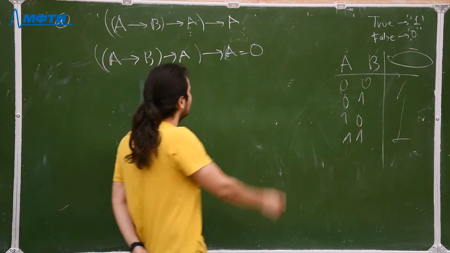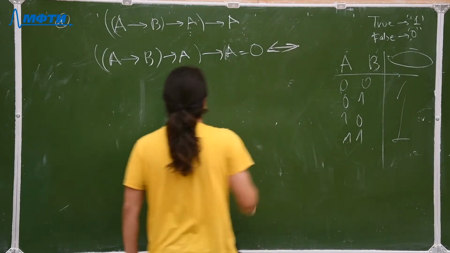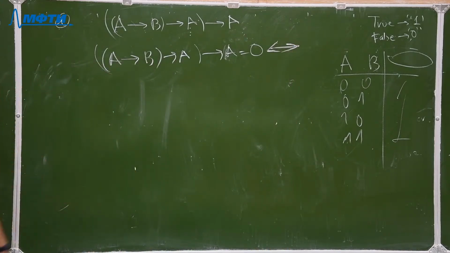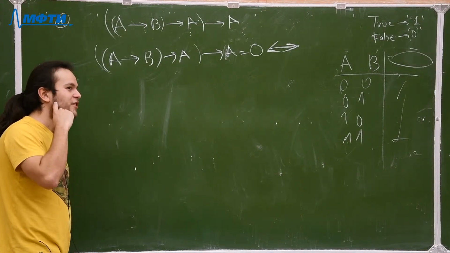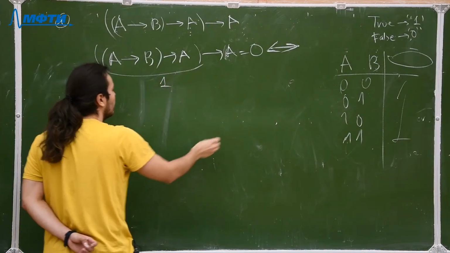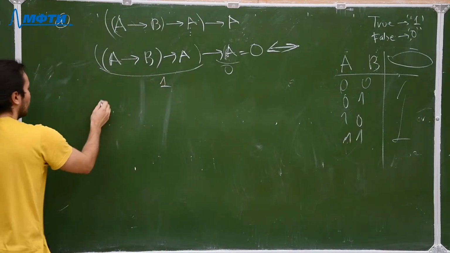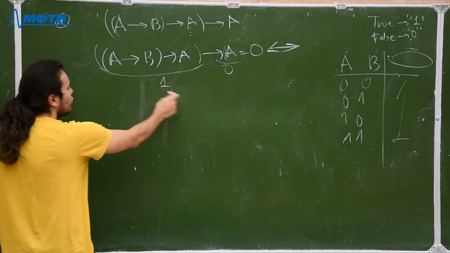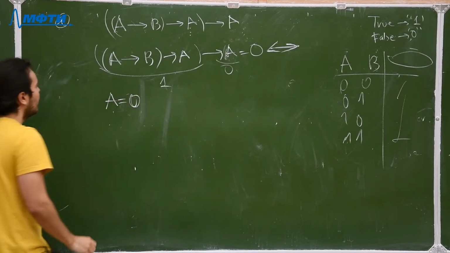So if this is false, if and only if, what? Again, please, I just can't hear you. The first one is true, and the second one is false. Yes. So if this is true and this is false, so we have that A is 0, okay? And now this is true.